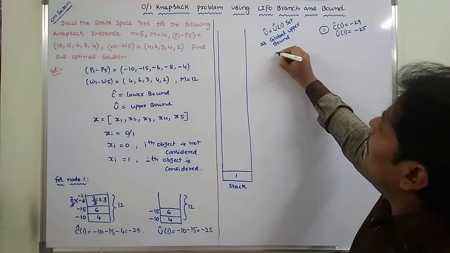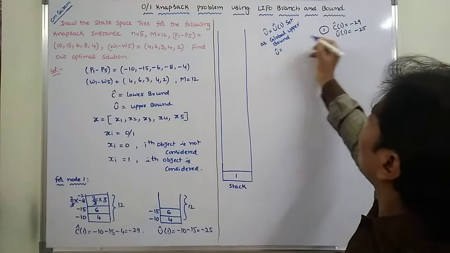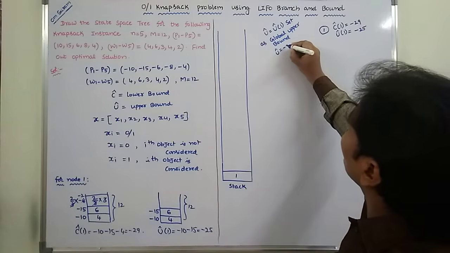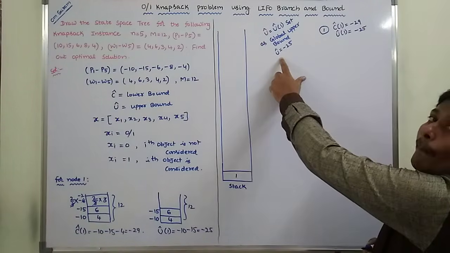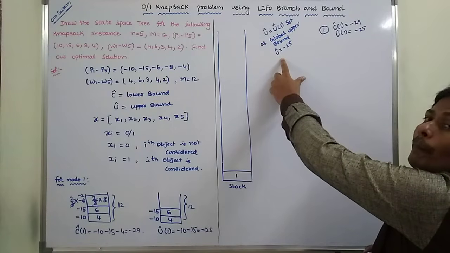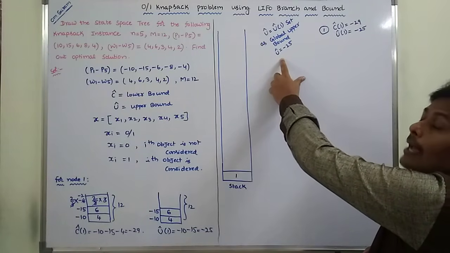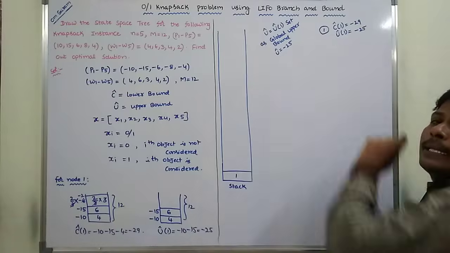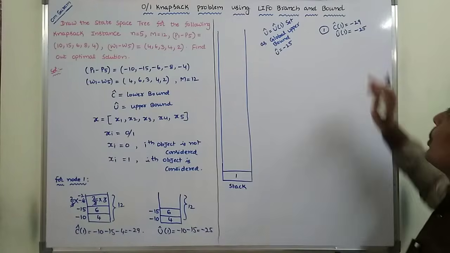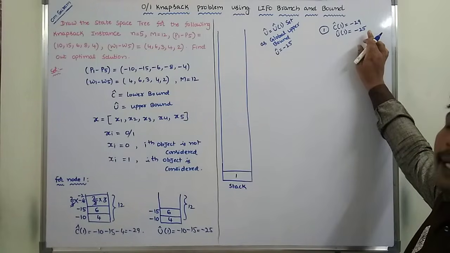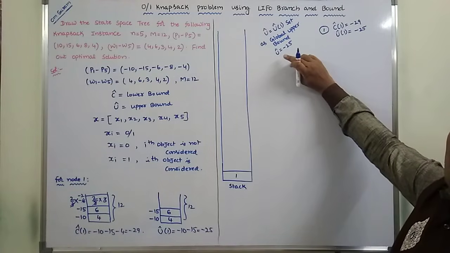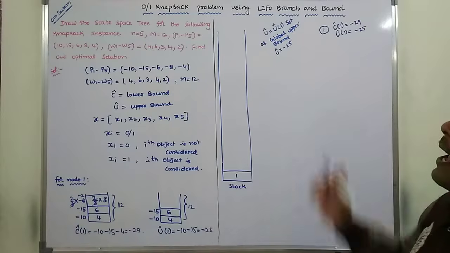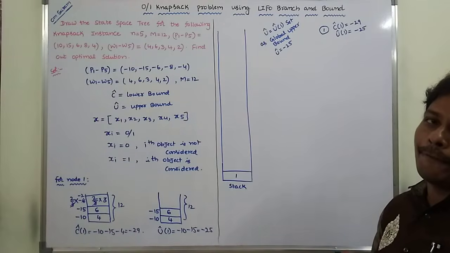So therefore U cap of 1 is equal to minus 25. So this is the global upper bound. The global upper bound can be set as the root node 1's upper bound value. Root node 1's upper bound value is minus 25. So then the global upper bound U cap can be set as minus 25.